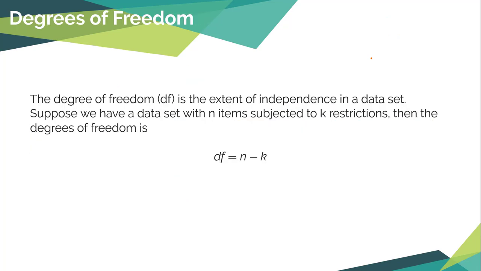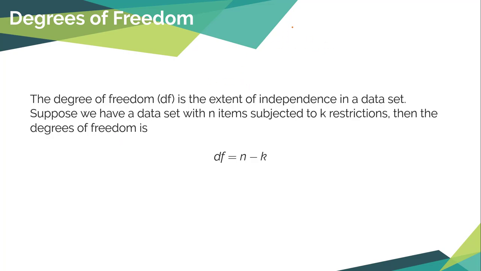There is another term that is associated with any kind of statistical test, that is called degrees of freedom. Now, degrees of freedom is the amount of independence enjoyed by a dataset. Let me give a small example here to understand what degrees of freedom is.